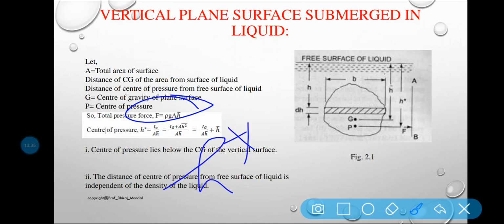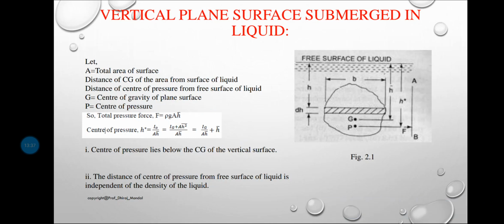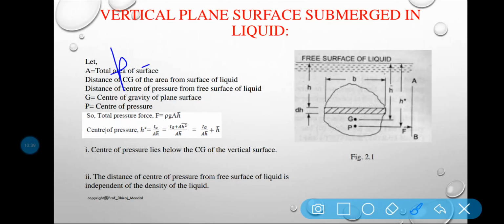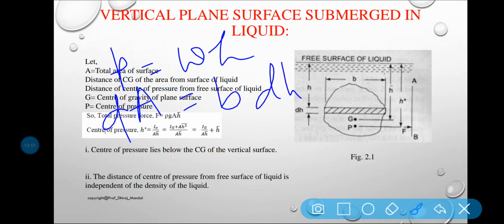Here we know that P is equal to W into H, and W is equal to rho g, so rho g H. The small area dA we can write as B into dH, if I am taking this strip.